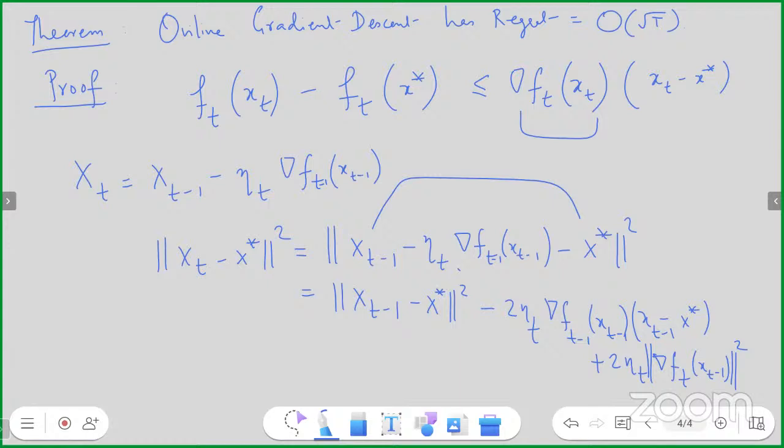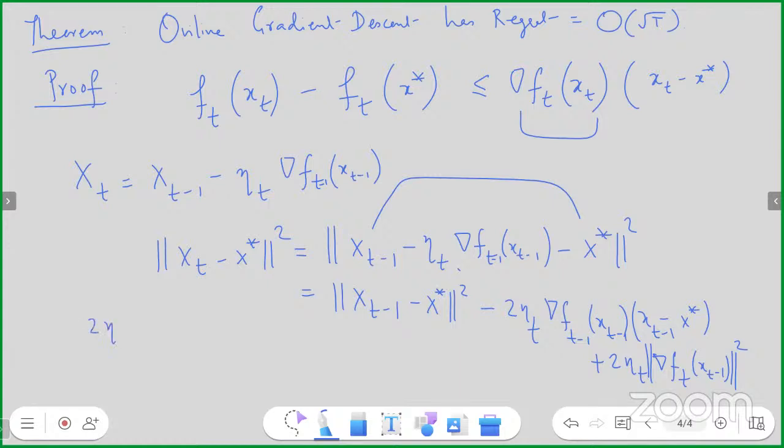So now tell me, everything is on the board. Remember, this has to be summed over all times. So if you could somehow exploit the telescopicity of anything here, that would help. So what is telescopic? This is xt minus x star. This is xt minus 1 minus x star. So it's staring in your face. How should I combine things? I wanted control over this thing, so I'm just going to move that around.